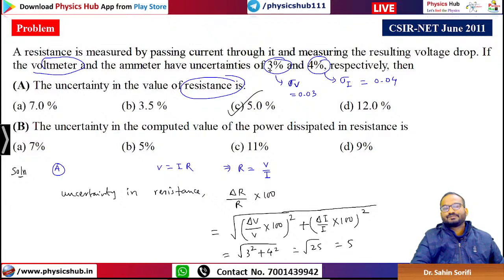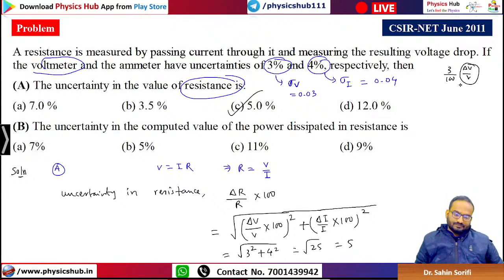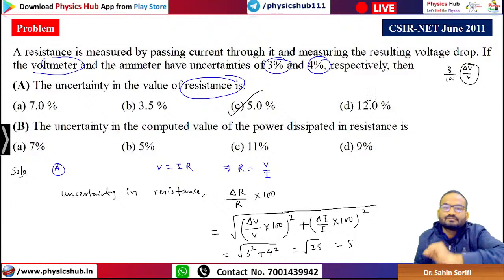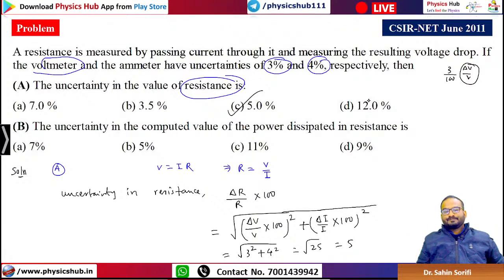You can imagine 3 by 100, so delta V to be 3 and V to be 100 in this way. So this one we have written incorrectly. Is it clear now?